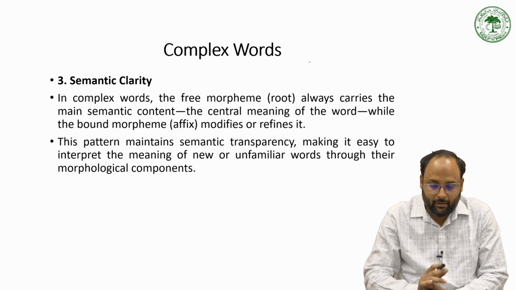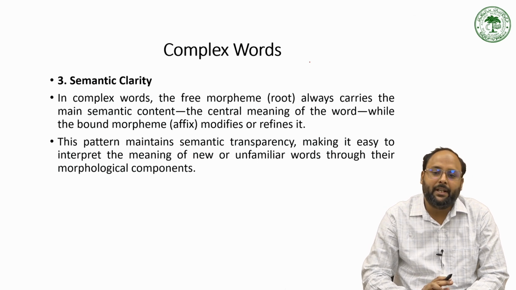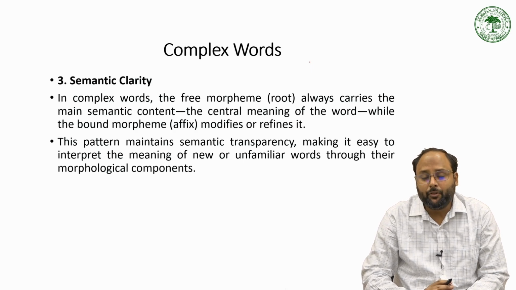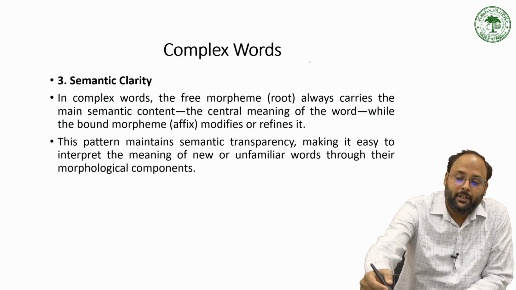And the third characteristic is semantic clarity. In complex words, the free morpheme always carries the main semantic content and the central meaning of the word, while the bound morpheme modifies or refines it. So in terms of meaning, in a complex word, the main meaning comes from the free morpheme.